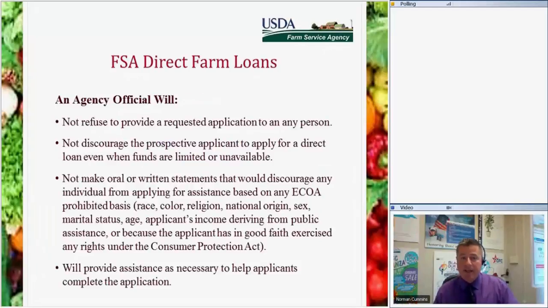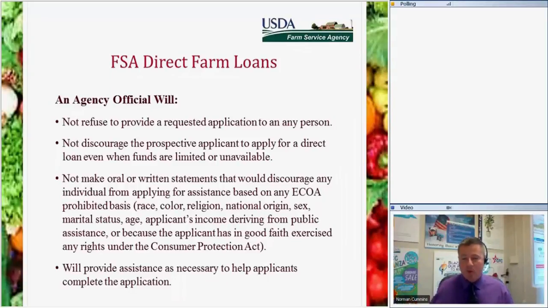And as far as the agency, and I want you to call me personally if it becomes an issue, they can't refuse to provide a requested application to any person. They can't discourage you from doing a direct loan even when funds are limited or unavailable. So if we don't have funds, they can't say, well, we don't have any money, come back later. No, still do the application.